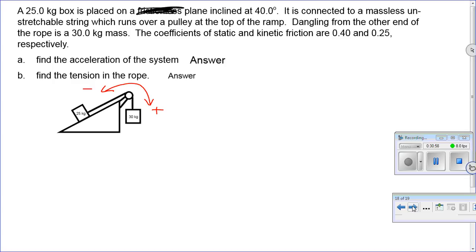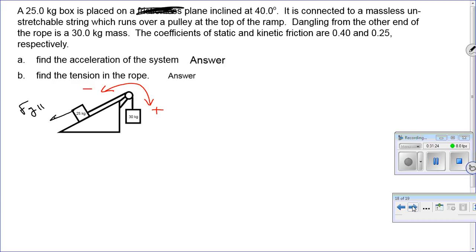Because it's going to be canceled out by the normal force anyway. There are two forces here, a normal force and a perpendicular force, and those cancel each other out. But the parallel force is totally going to matter, right? Do you see why? All right. So my force of gravity parallel is going to be in a negative direction.